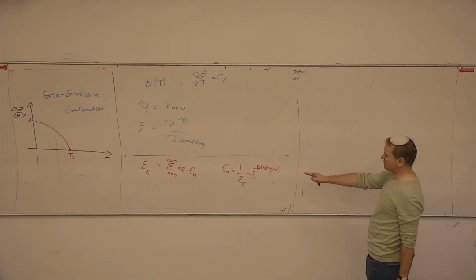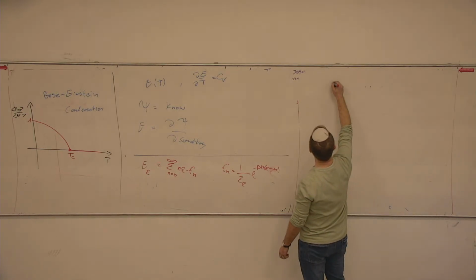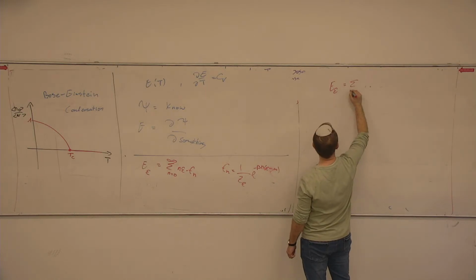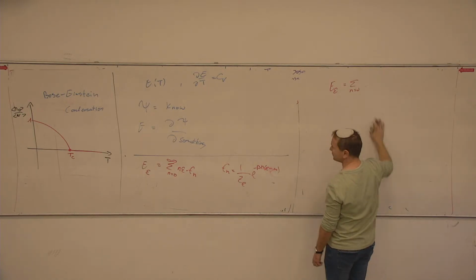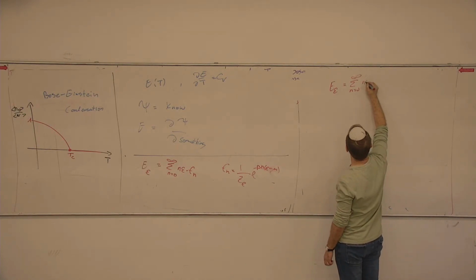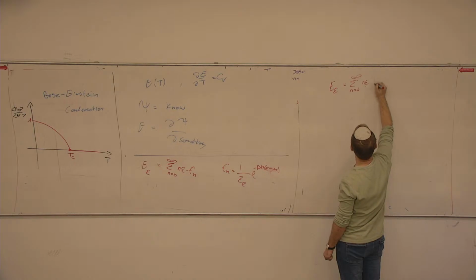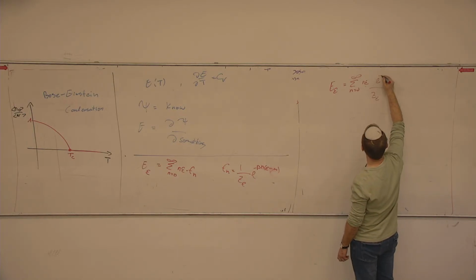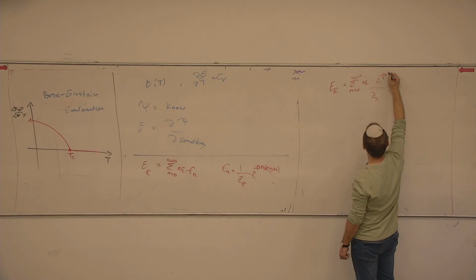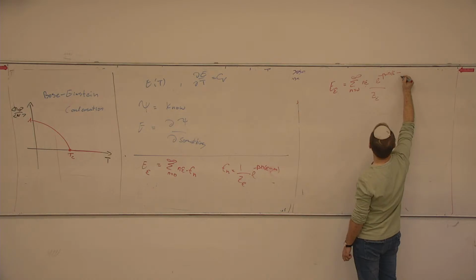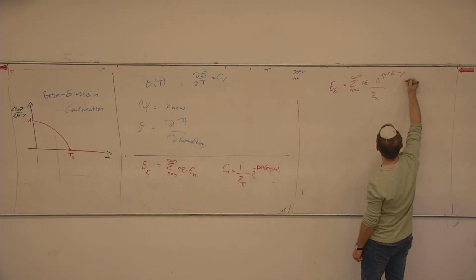Okay, so what happens over here? We have E epsilon equals the sum, n goes from 0 to infinity, of n epsilon times 1 over z of epsilon, e to the power minus beta n epsilon minus mu. Okay?